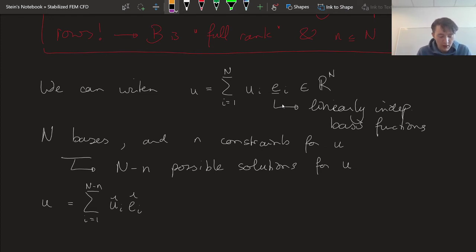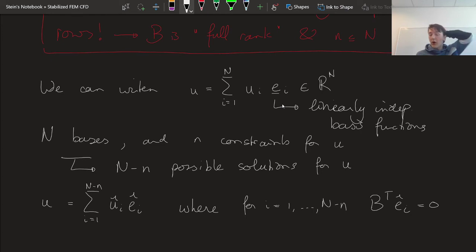So we changed to this E hat, where for i equal to 1 until n minus n, we have b transpose e_i equal to 0. So these are all the bases that do satisfy those small n number of constraints.